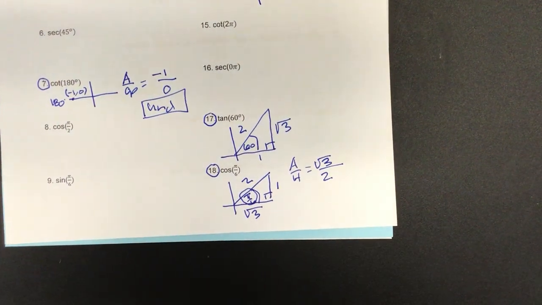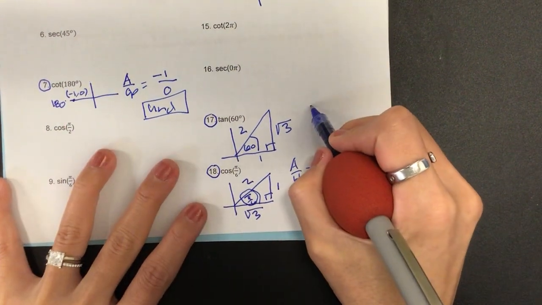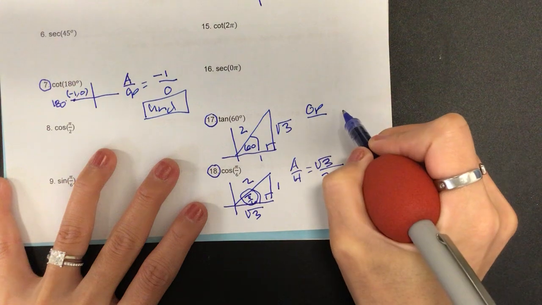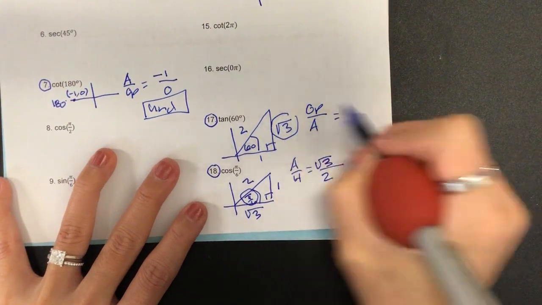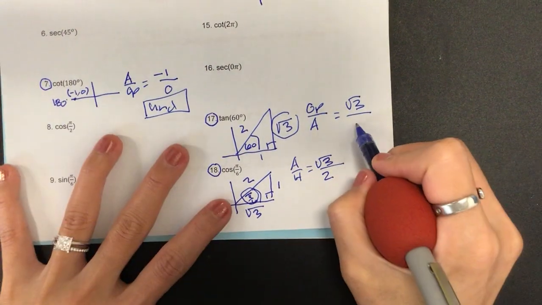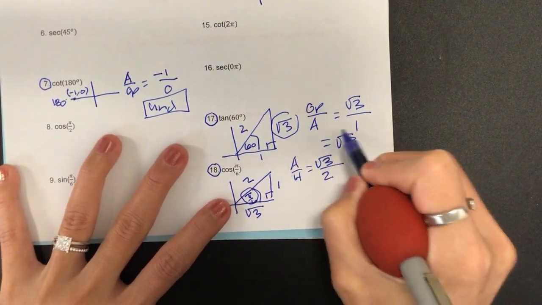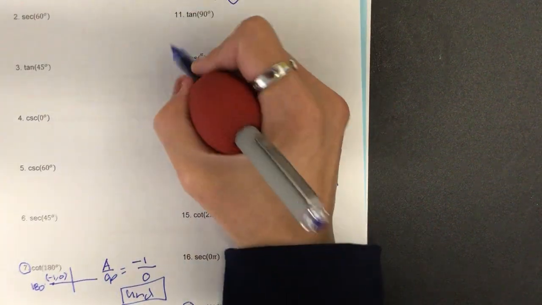So 1, root 3, and 2. Root 3 is on the opposite of 60. Tangent is opposite over what? Opposite over adjacent, very good. So my opposite is root 3 over the adjacent 1, and that happens to be just root 3. I want to do a problem where we have to simplify the radical. Having a radical on the bottom is considered improper. So let's actually do number 12 also.